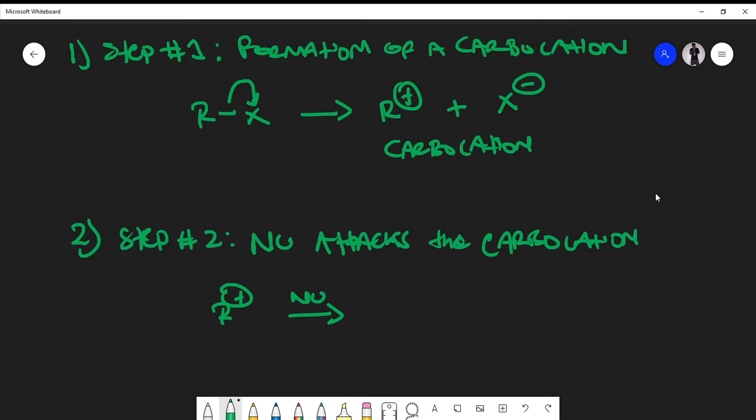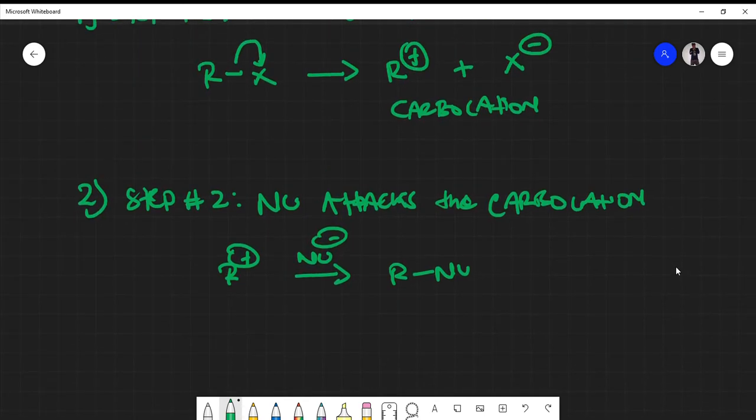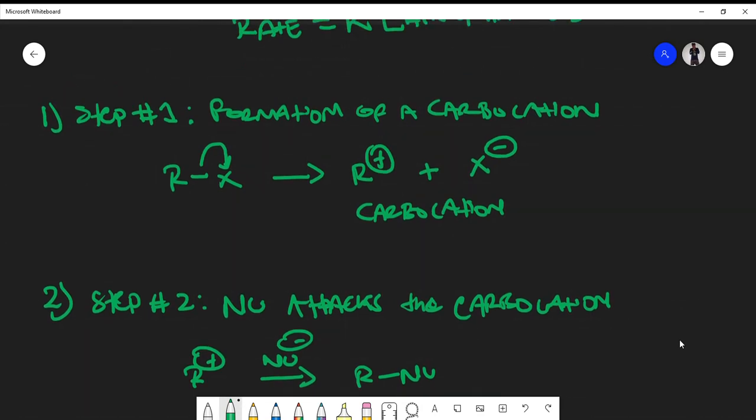We take a nucleophile, and we get an R-nucleophile. So that is the fast step. So let's write this down: the slow step, or step number 1, is formation of the carbocation, and step number 2 is the fast step.